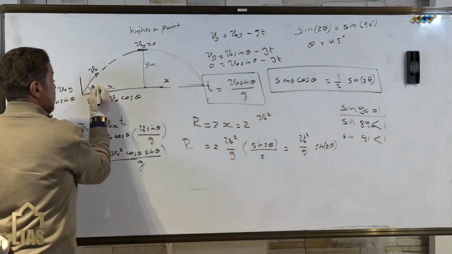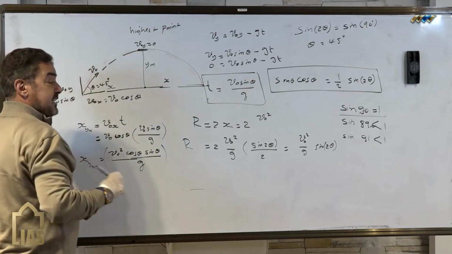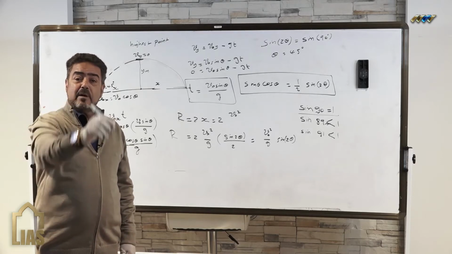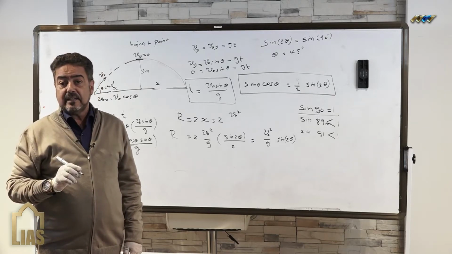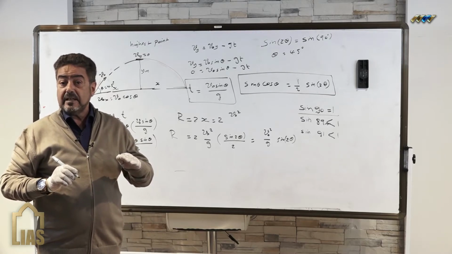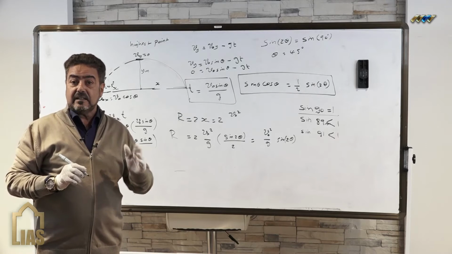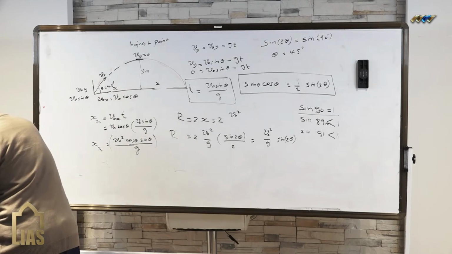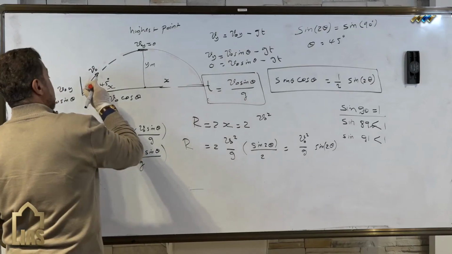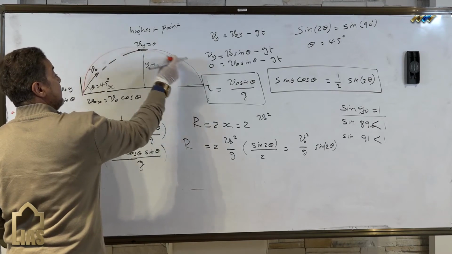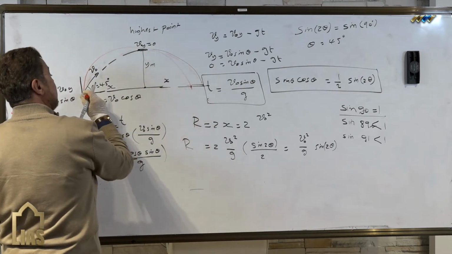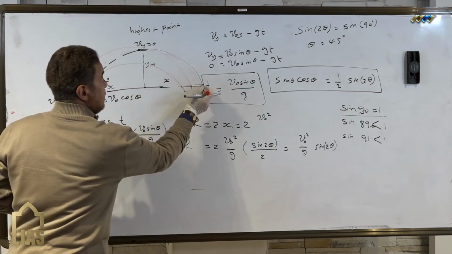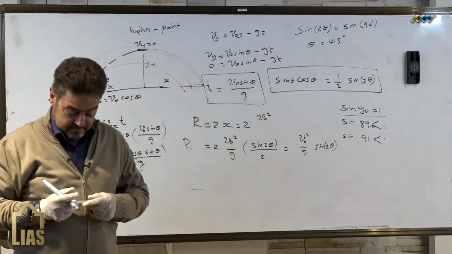When theta is 45 degrees, this gives you the maximum range of the projectile. When the angle is more than 45, it will come in here. Less than 45, maybe it will come here. But when it's 45, it goes the maximum range.